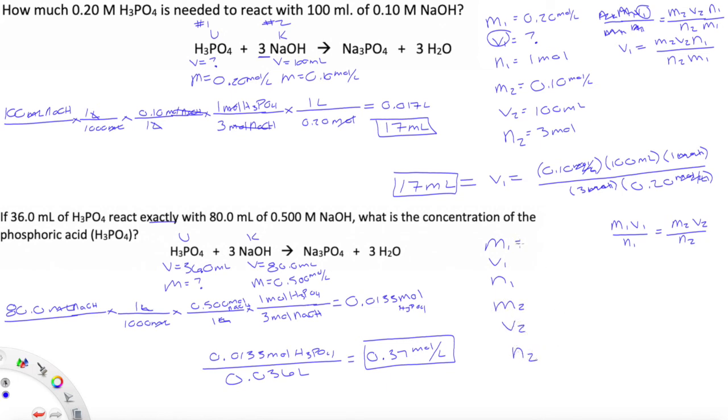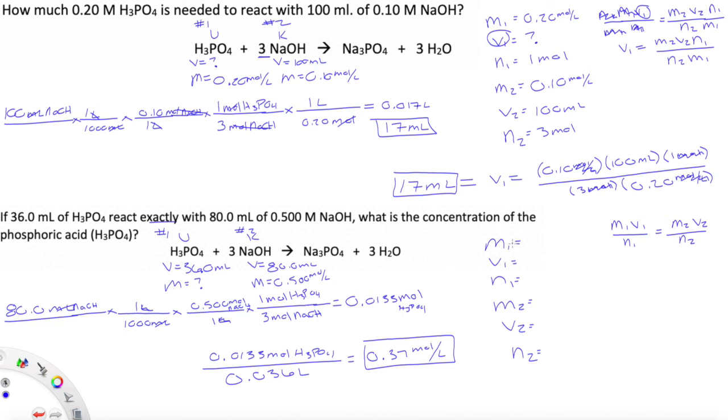I'm going to go ahead again and just label my first compound as number 1 and my second compound as number 2. So all of my M1, V1, N1 values have to come from phosphoric acid, and all of the values with a subscript of 2 have to come from sodium hydroxide.